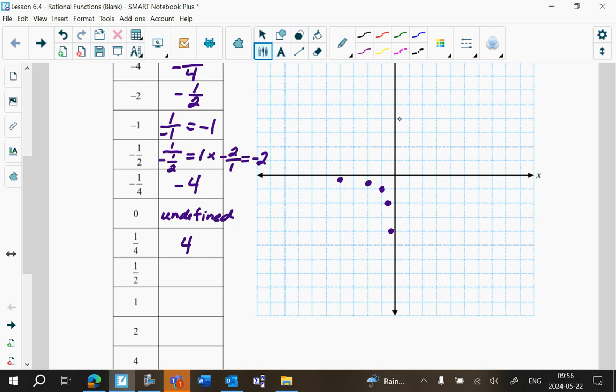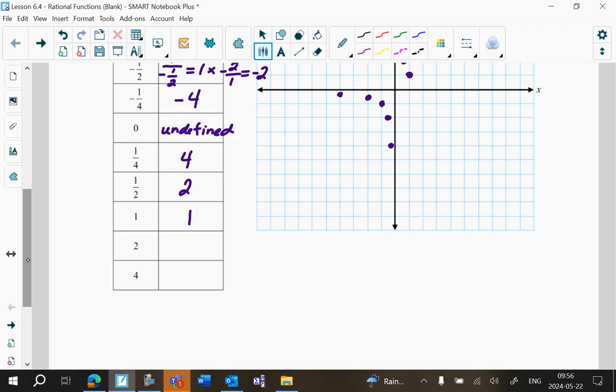Okay, so we skipped across the y-axis and now we went higher. 1 divided by a half is 2. 1 divided by 1 is 1. 1 divided by 2 is just 1/2. And 1 divided by 4 is 1/4. So yeah, it mirrors.